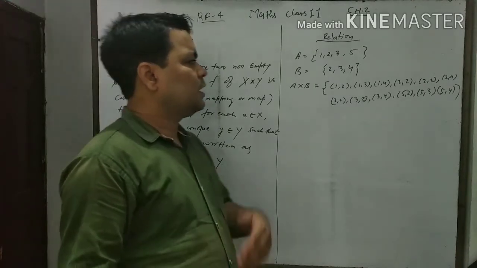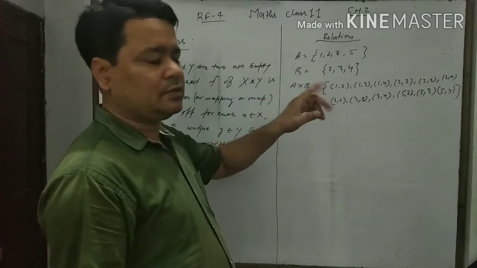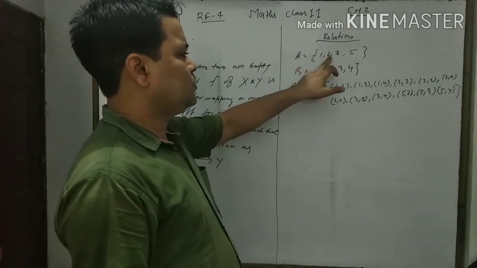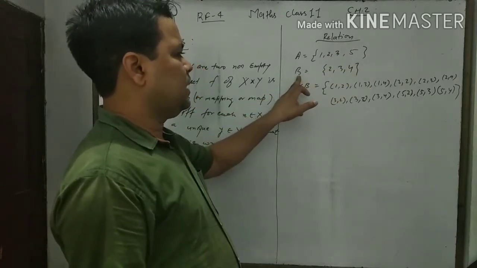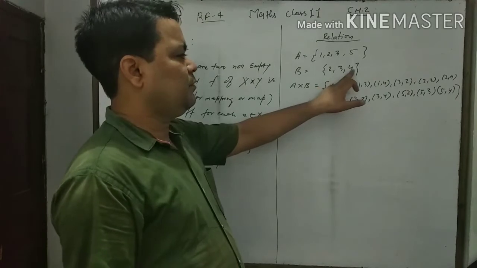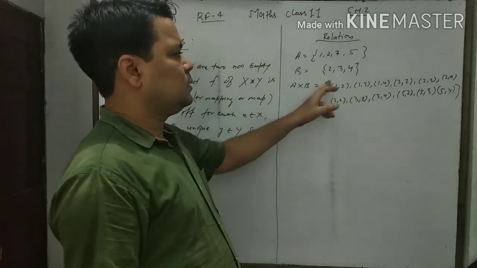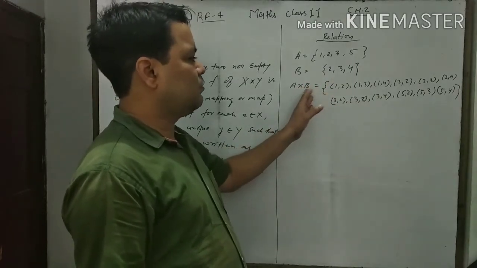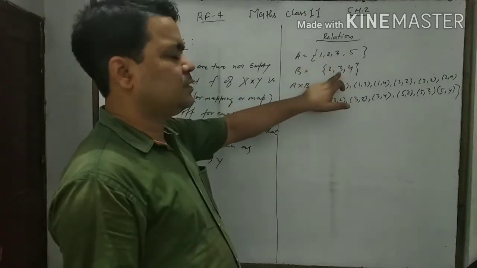Here we take two example sets. The first set is A, and the elements are 1, 2, 3 and 5. The second set is B, and the elements are 2, 3, 4. If we find its Cartesian product, then the number of elements in the form of ordered pairs will be 12, because here there are 4 elements and here 3 elements.